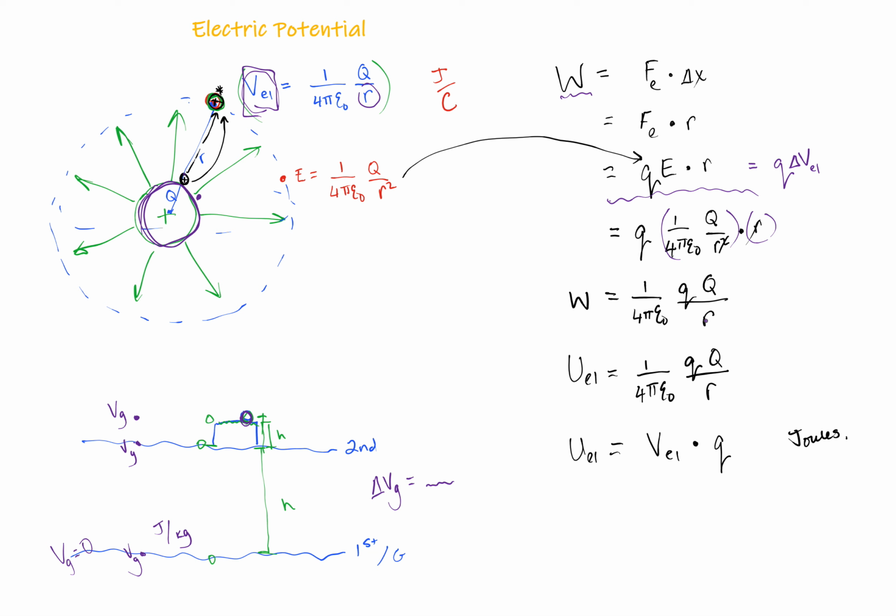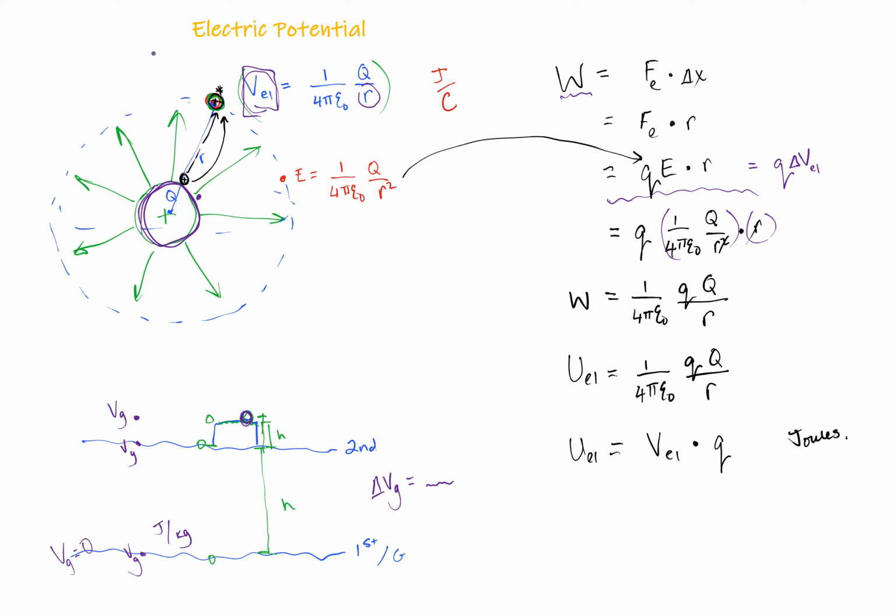And so we can work our way through this equation and see that the amount of electric potential energy, or the amount of work done, is equal to Q times delta V, but it's also equal to Q times E times R. And so there's lots of variations that work can equal. And so it's very important to be able to structure your thinking to understand how this might work.